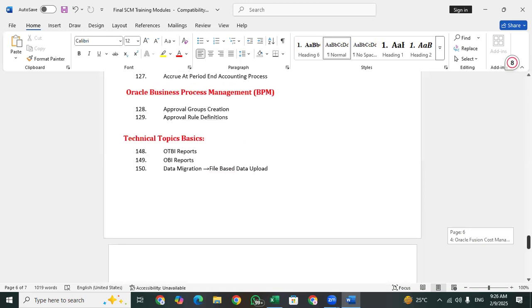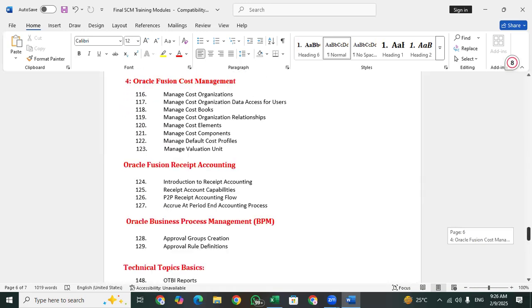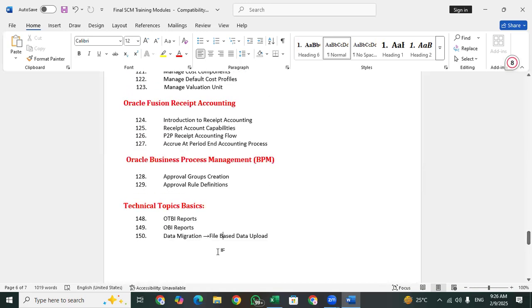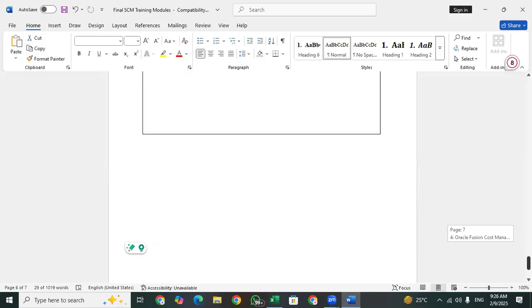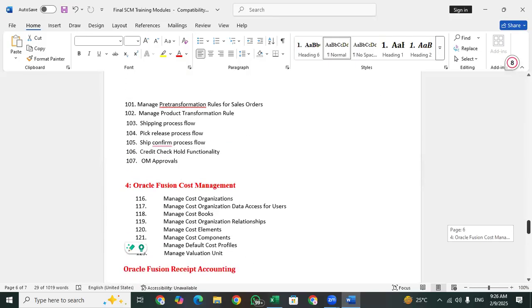If somebody asks, you are the functional consultant, you need at least some technical knowledge at the interview point. That is the reason we are touching these modules. By the end, you will get clarity on all these things. This is the complete syllabus, what we are going to touch and how we can do it at the module level.